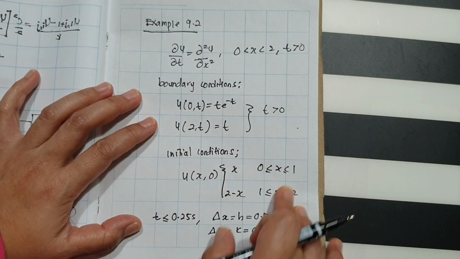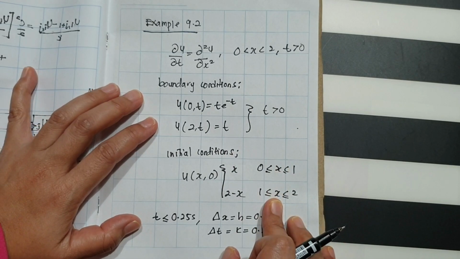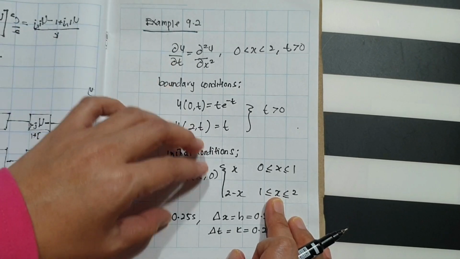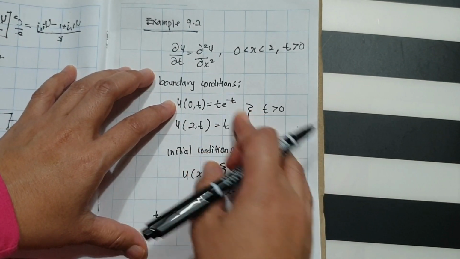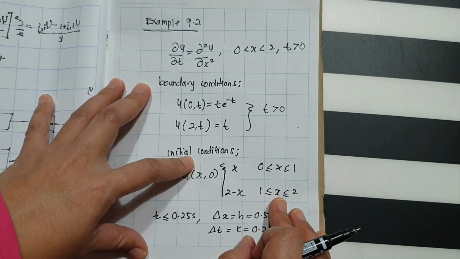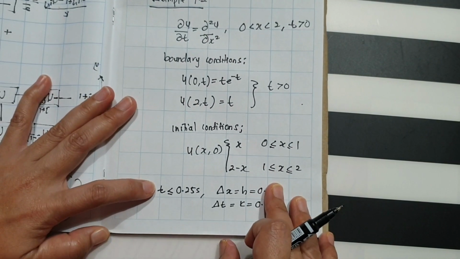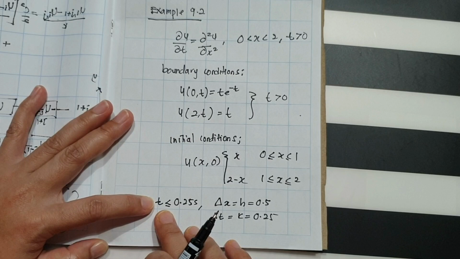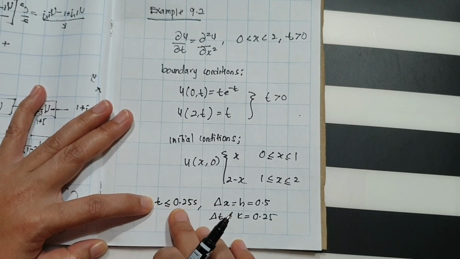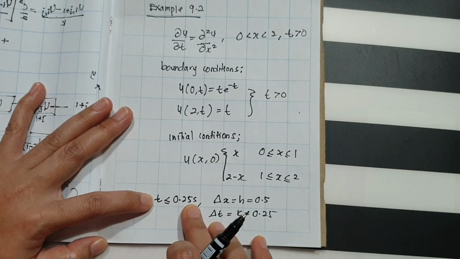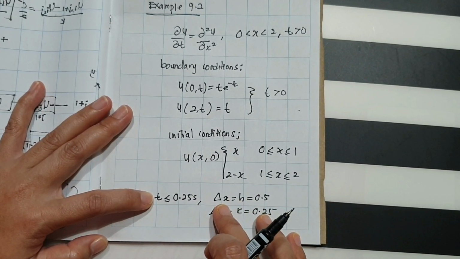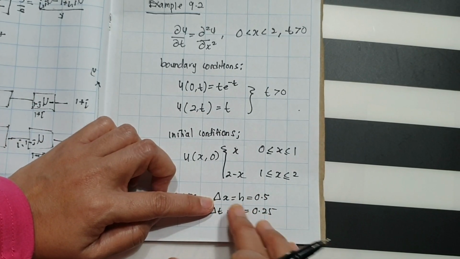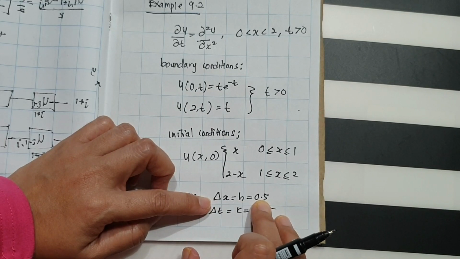So with all this information given, you have to sketch the rod diagram and state all the values for the boundary condition and initial condition before you do the approximation. Also given, the time for the approximation is t less than or equal to 0.25 second, and on the x-axis the step size, or distance between one point and the other, is 0.5.